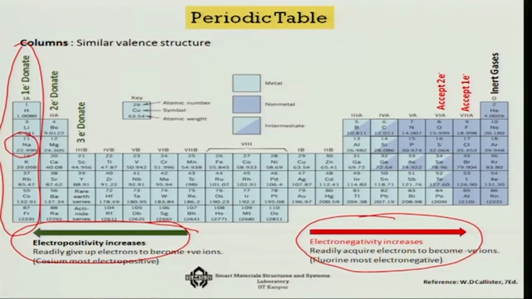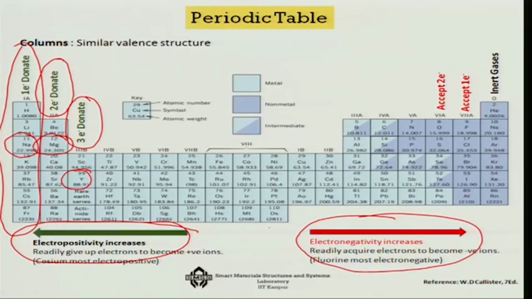The next is the group which can actually give 2 electrons instead of 1 electron. And the most important metals that come into the picture are something like magnesium. And then even lesser degree of electropositivity, like 3 electrons can be donated by things like rare earth materials like yttrium, etc. As we travel towards the right side, we are getting lesser and lesser electropositivity.